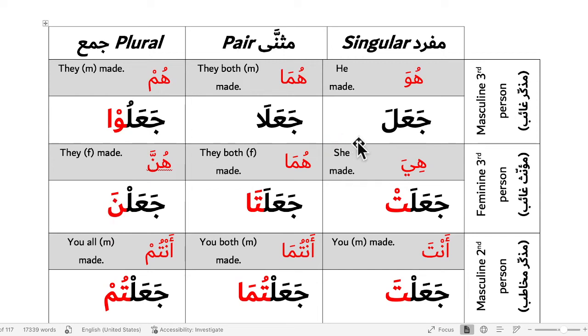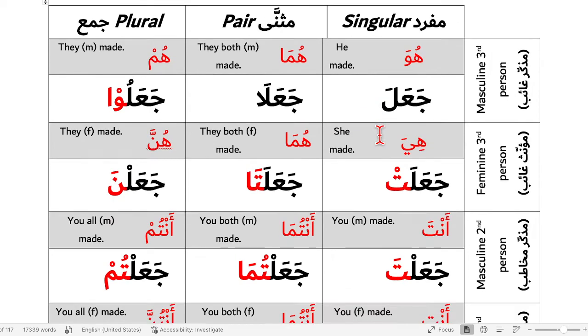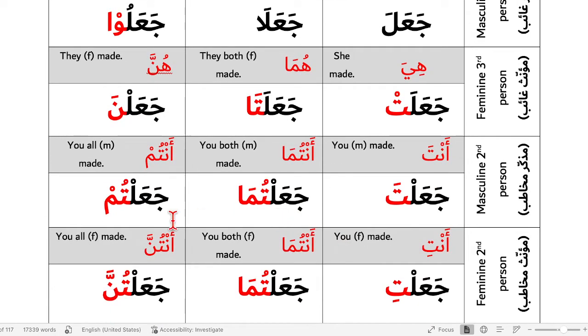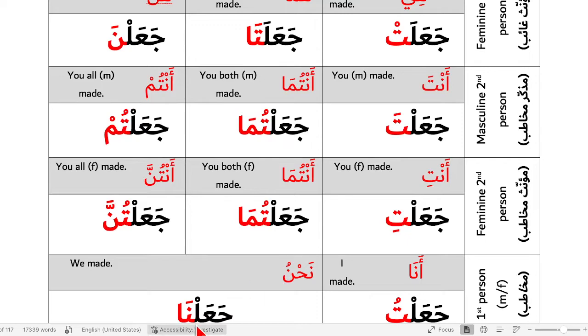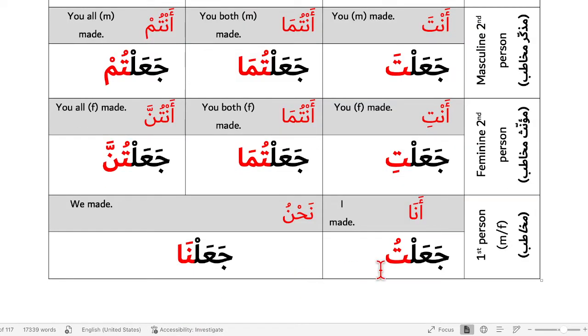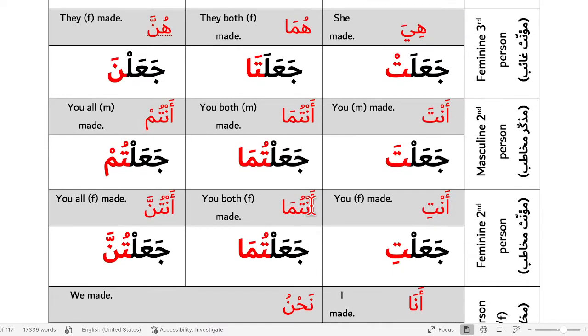We did a few more examples, like Nasara, which means he helped. Nasara, Nasara, Nasaru, Nasarat, Nasarata, Nasarna, Nasarta, Nasartuma, Nasartum, Nasarti, Nasartuma, Nasartunna, Nasartu, Nasarna. Nasartu, I helped. Nasarna, we helped. Nasarta, you helped.